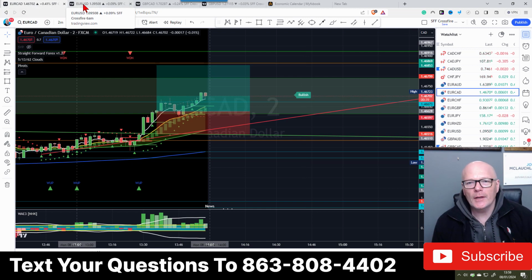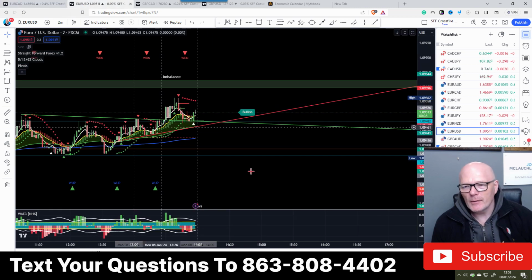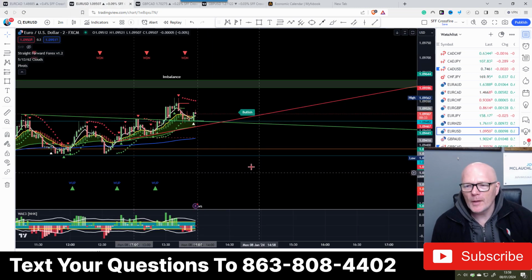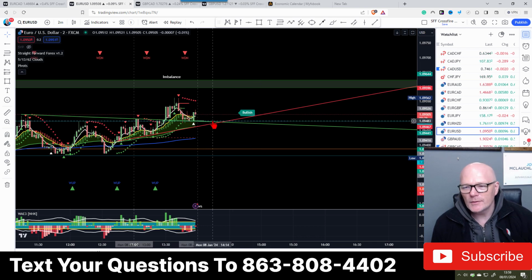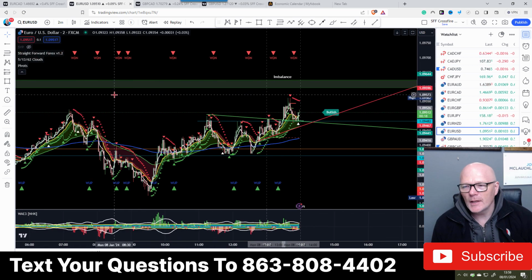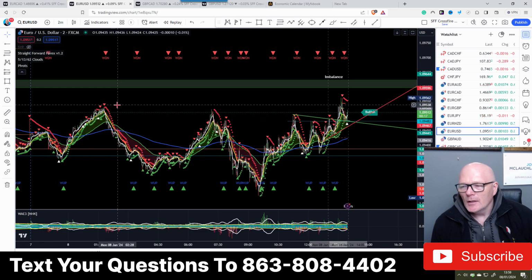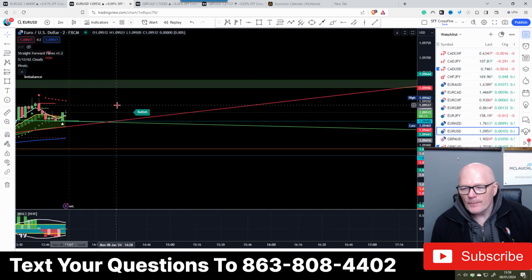Right, so let's go through them before we call it a day, and we'll just leave these trades going. Euro USD is still having a battle with this resistance area. Price may well go up, but at the same time we've got this area of resistance, and then the imbalance. So again, we'll wait it out.